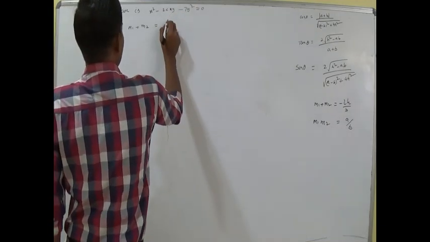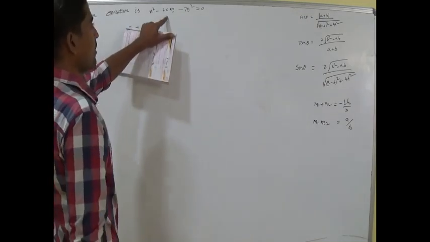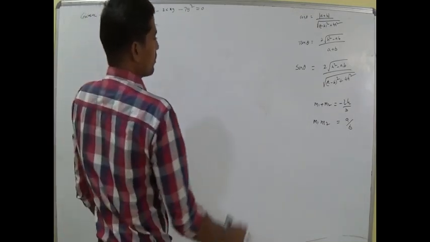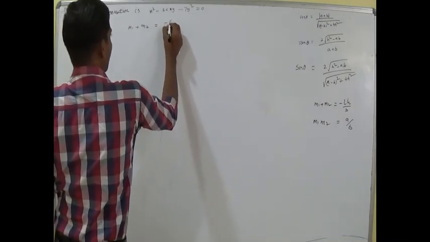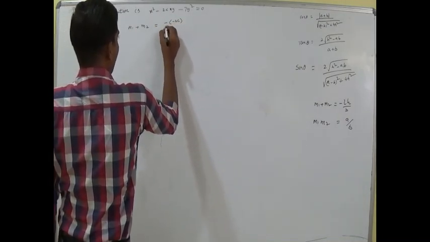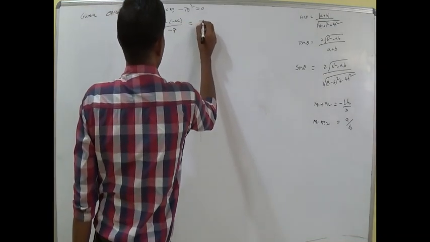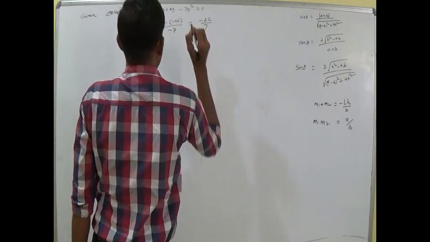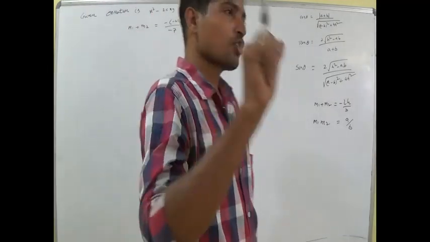So minus 2h is minus 2c, and b equals minus 7, so minus of minus 2c by minus 7, which equals minus 2c by 7, the value of m1 plus m2, the sum of the slopes.